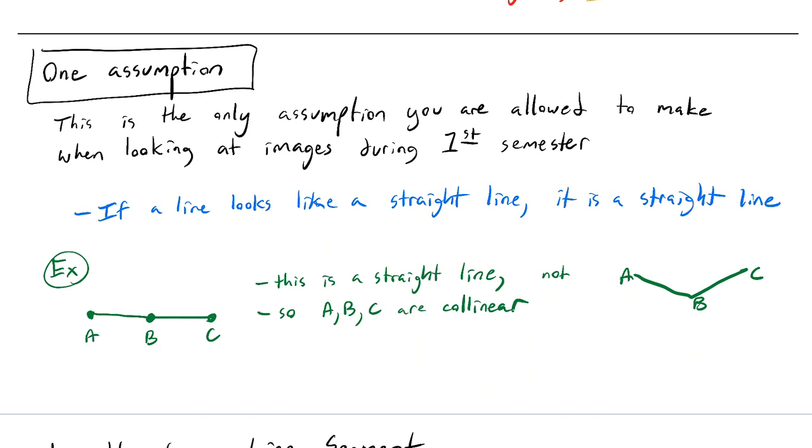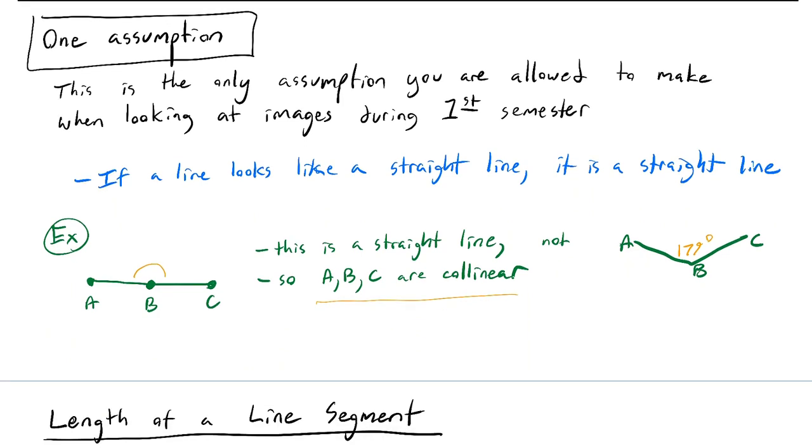So the one assumption you can make when you look at a diagram is if a line looks straight, it is. We're not going to trick you with this being like 179 degrees, so it looks straight, but we're like, ah, gotcha, it wasn't. So if it looks straight, you can assume it's a line. So in this picture, you would say, oh yeah, A, B, and C are collinear. That angle in between is 180 degrees, so on and so forth. So you can assume that, and we're going to use that down below, okay?